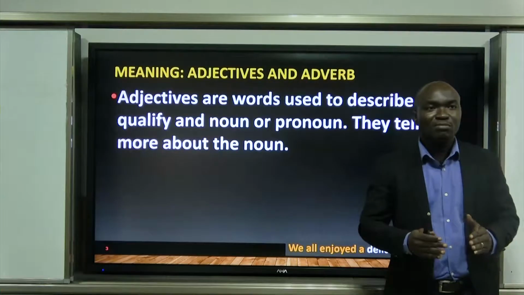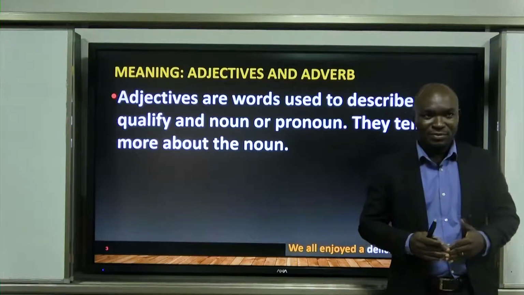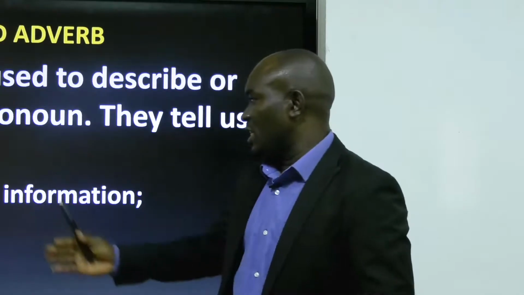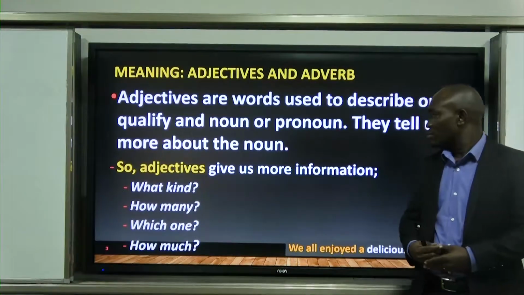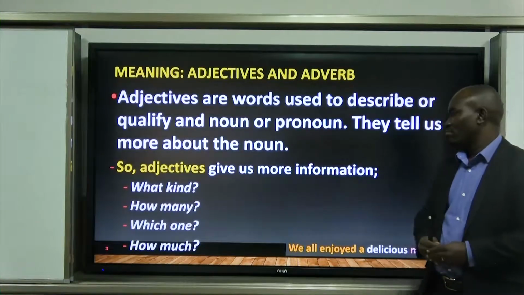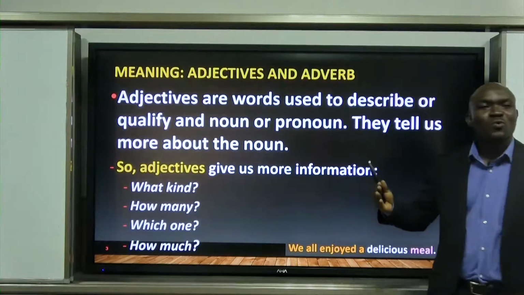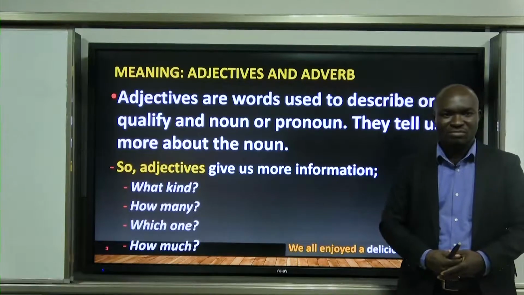They tell us more about the noun or pronoun. Do you get that? Good. So we say adjectives give us more information about what kind, how many, which one, how much.